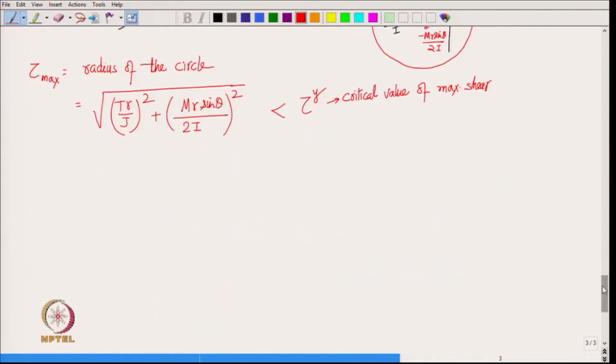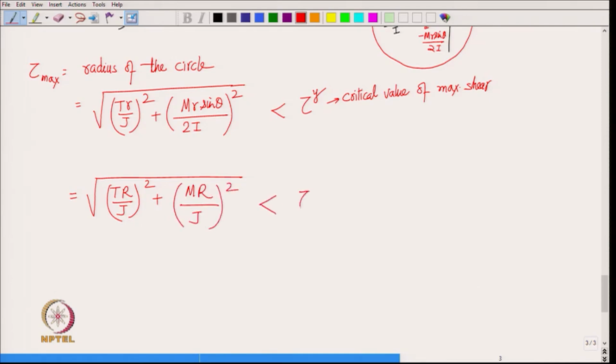Okay, so, we can come back here and write down the value of tau max for those 2 critical points, and this becomes square root of (T R by J) whole square plus (M R by 2 I, which is J again) whole square, right, and this has to be less than tau y, the critical value of max shear.